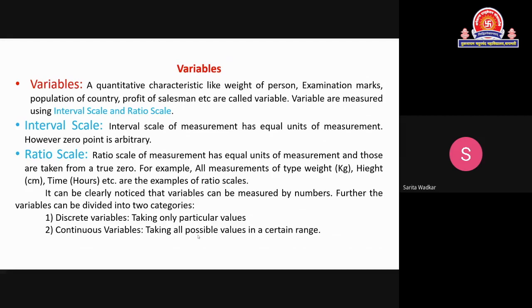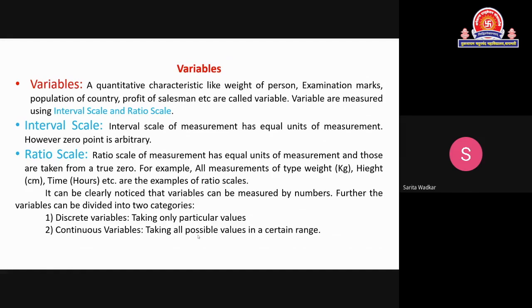The classic example of an interval scale in our day-to-day life is the centigrade or Fahrenheit scale of temperature measurement. In both scales, 0 is arbitrary. It does not mean absence of heat. Moreover, 60 degrees centigrade does not contain exactly double the heat that 30 degrees has.